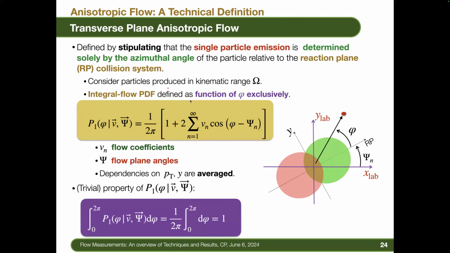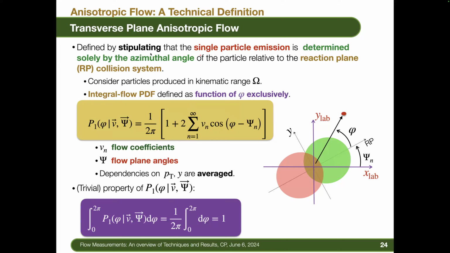All right. So now that I have an expression for the single particle density, I can think of a technical definition for the transverse plane anisotropic flow.